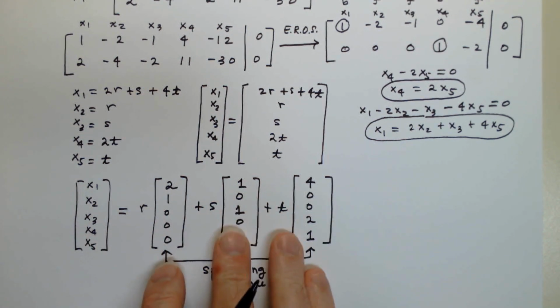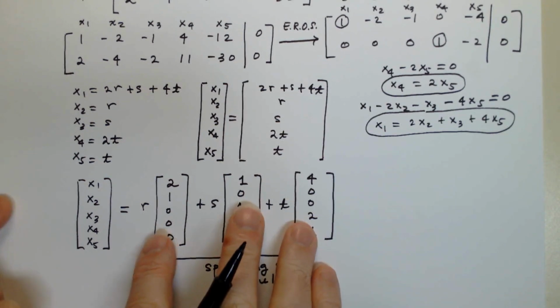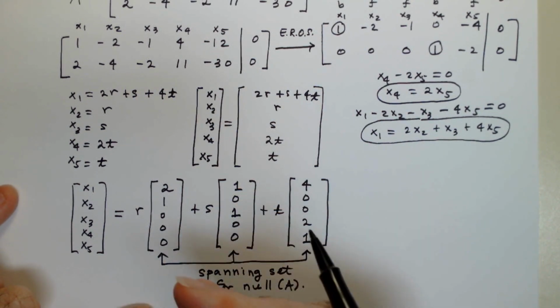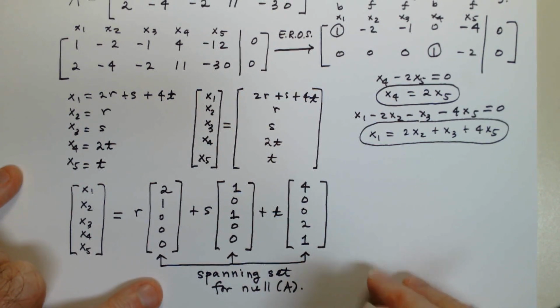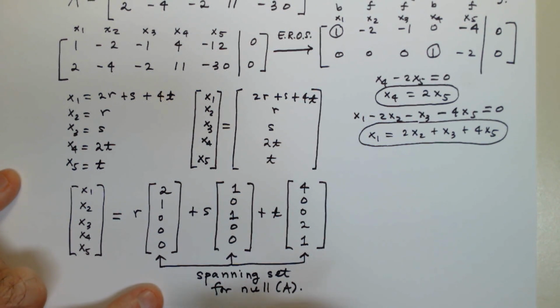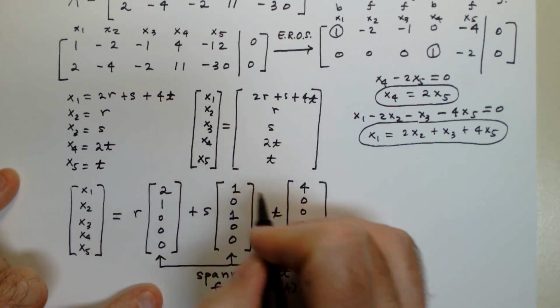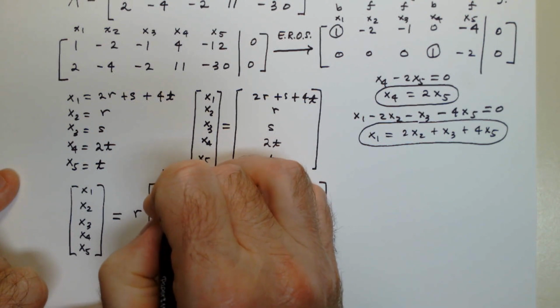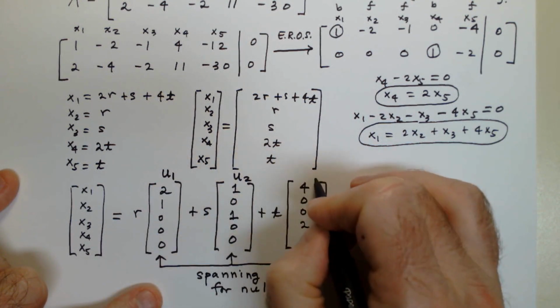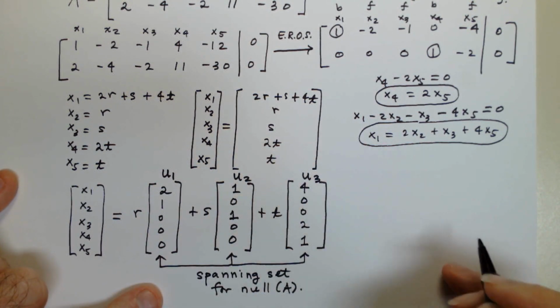Now we need to argue that this collection is linearly independent, and that will give us a basis. Now let's think about what the linear independence question is getting at. And now let me temporarily call these vectors u1, u2, and u3.